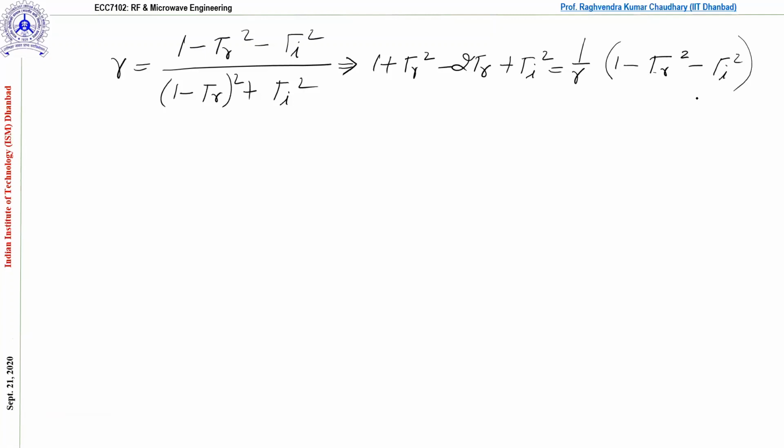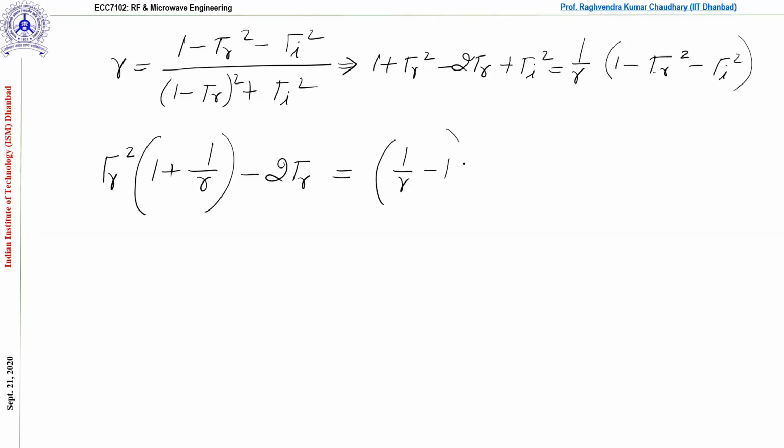Can we write down? Definitely. We just rearrange the equation. Now, another rearrangement we can do like this: gamma r square, okay, 1 plus 1 by r minus 2 gamma r is equal to 1 upon r minus 1 minus gamma I whole square 1 plus 1 by r. Can we write down?